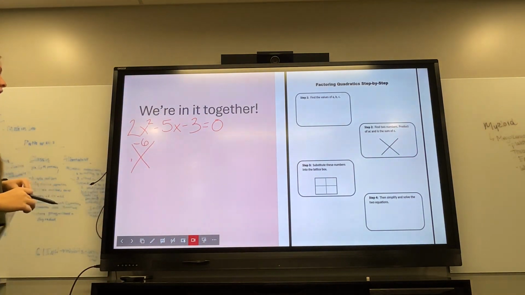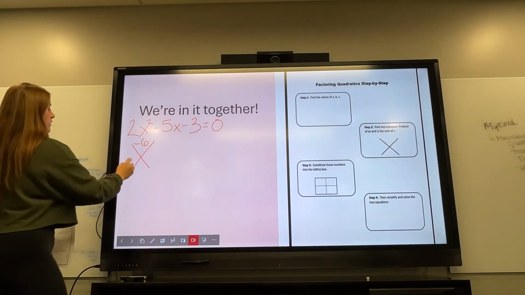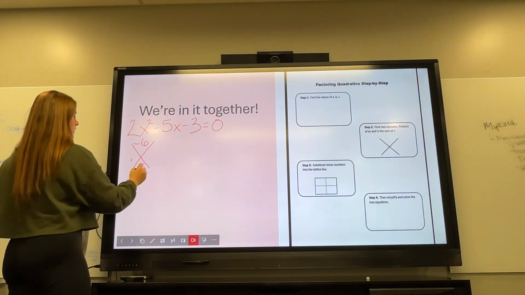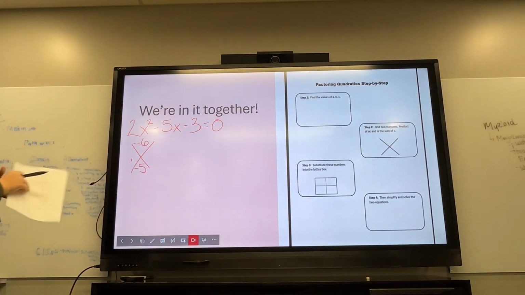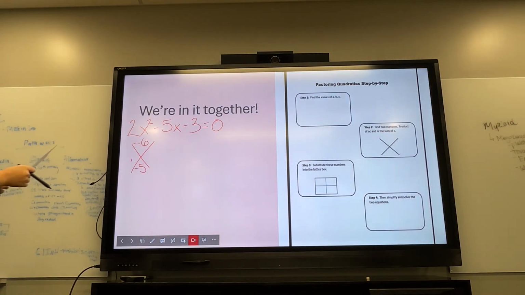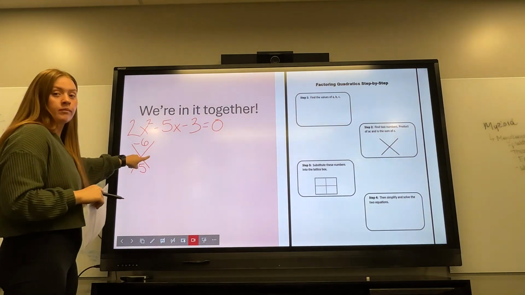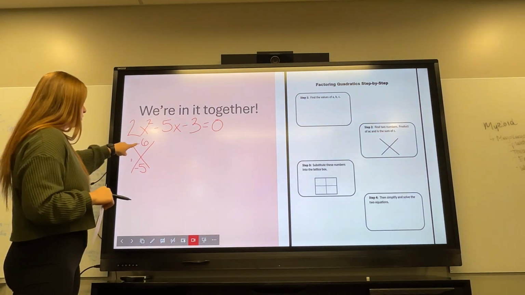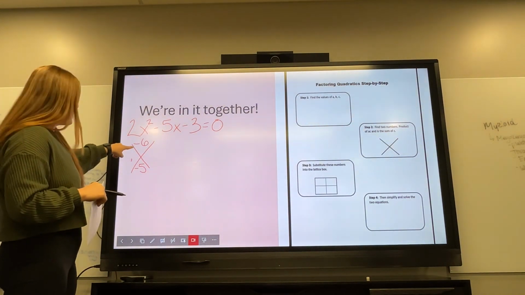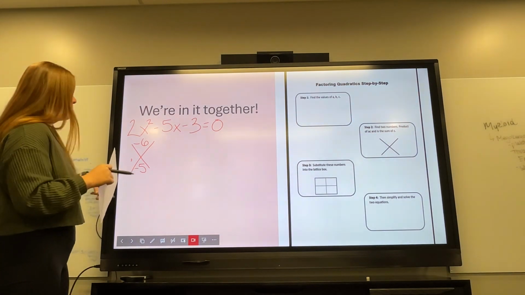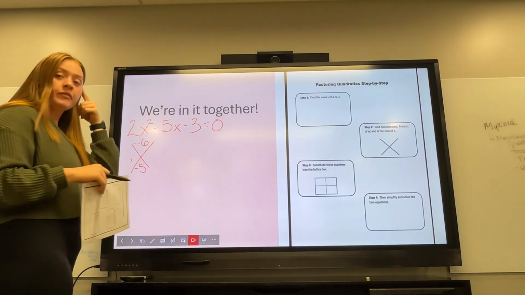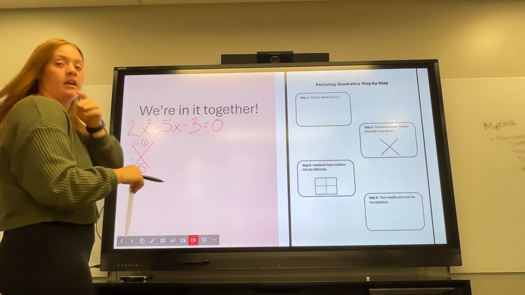Then I'm just going to put my B value down here. Now I have to find two numbers to go in my sides that multiply to -6 and add to -5. Think about it, and come back if you have it.